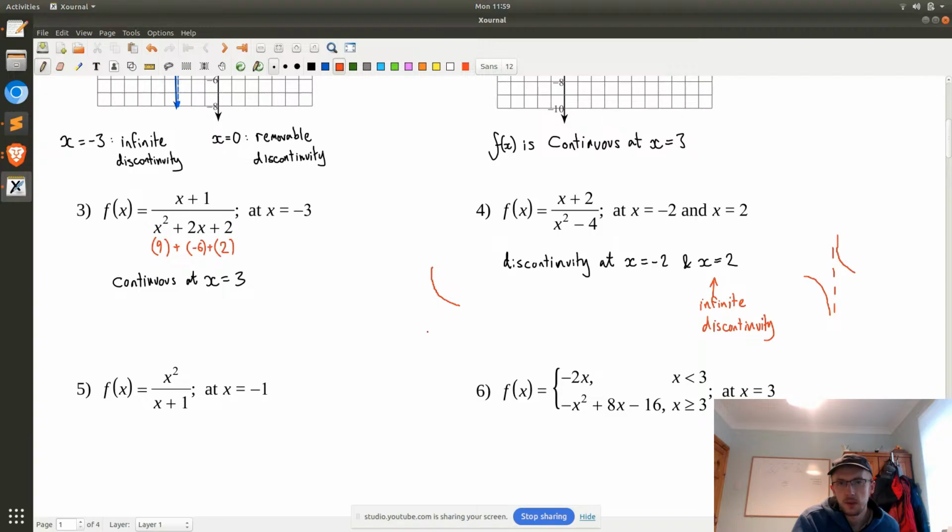And as I approach from the left, I have a negative number on the numerator and a positive number on the denominator.